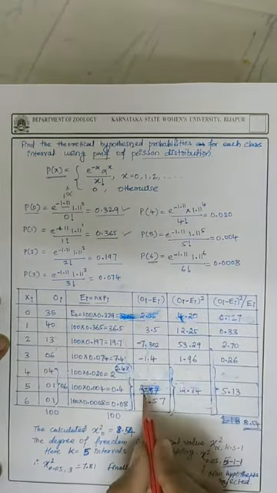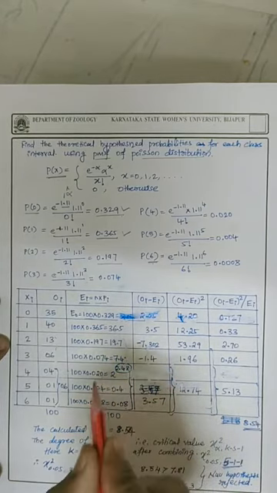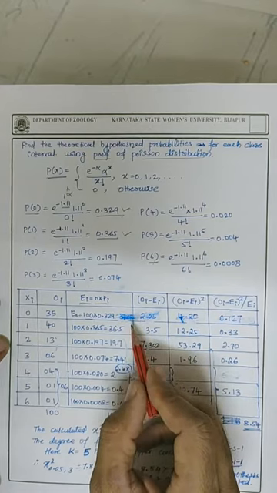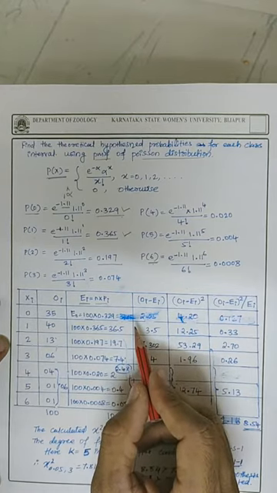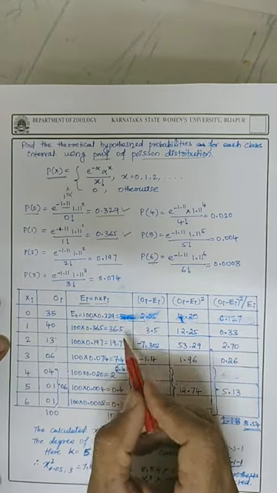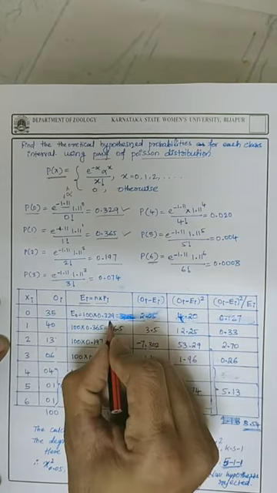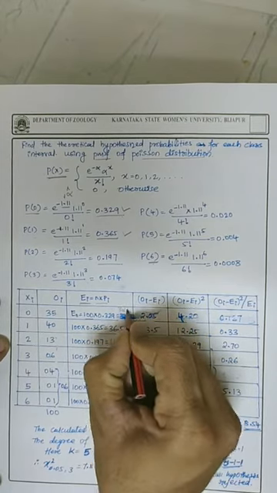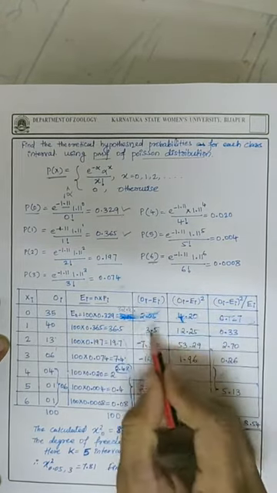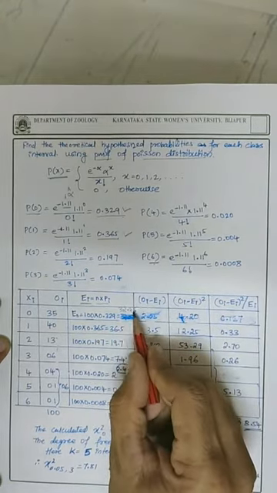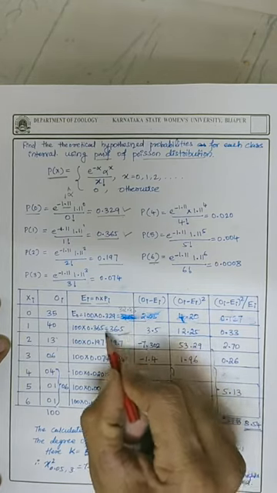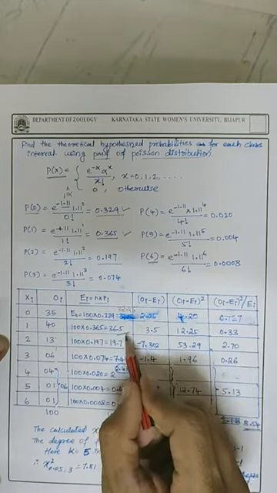The next step is to check each expected value which is less than 5. If the expected value is less than 5, it has to be combined with the adjacent expected value. Here the first expected value is 32.95, which is greater than 5, so no need to combine. The next value, 36.5, is also greater than 5.